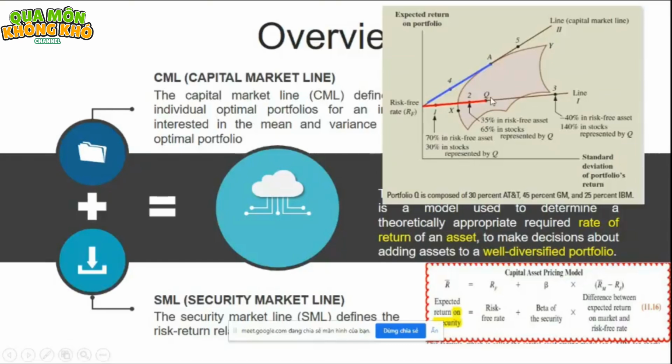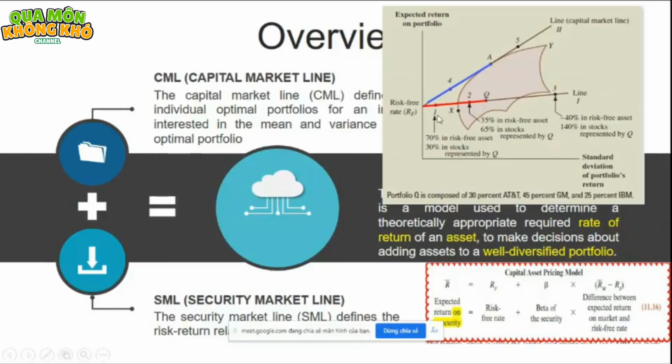We examine the point Q here, which combines the risk-free assets and the risky assets. You can combine investment in riskless assets and risky assets, and you would achieve a point along the straight line from the risk-free rate to Q. At point 3, it is minus, which means that you are borrowing at the risk-free rate to invest in the risky assets.